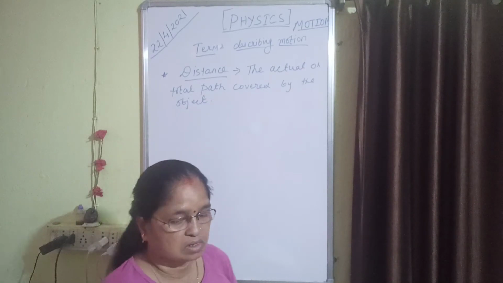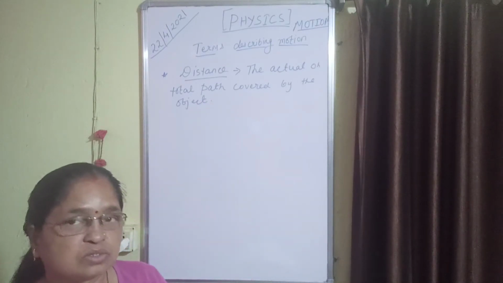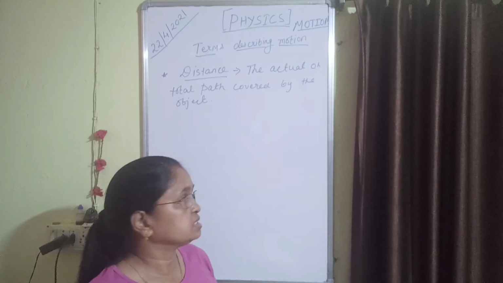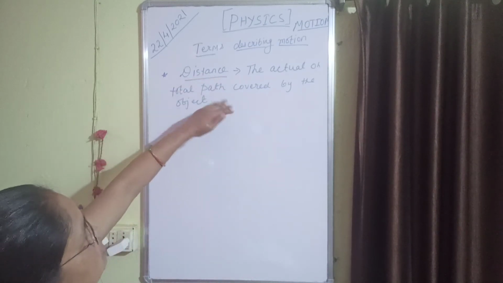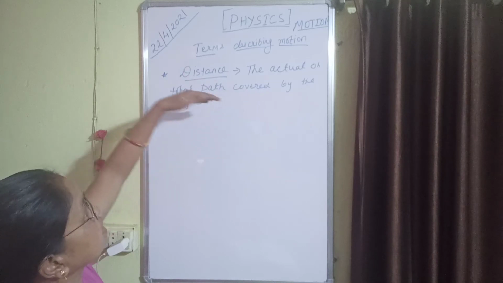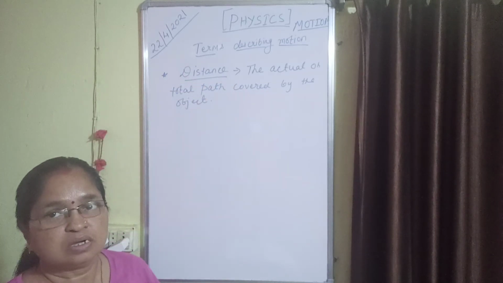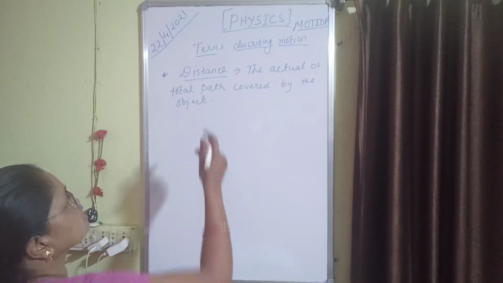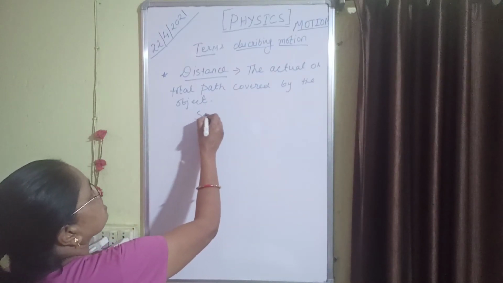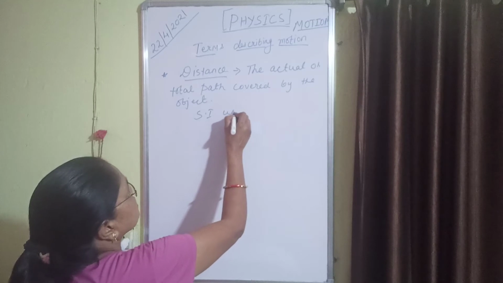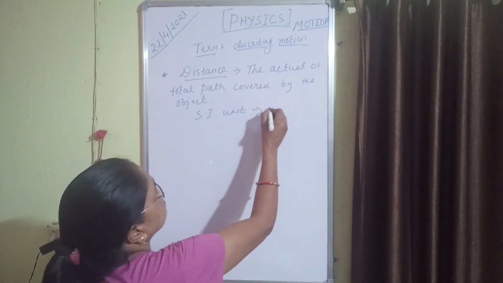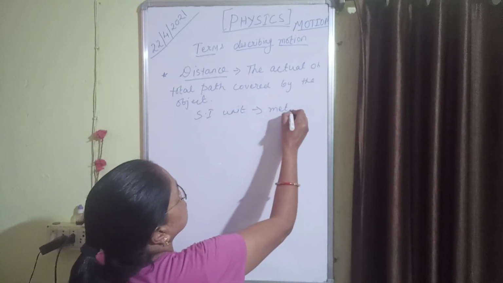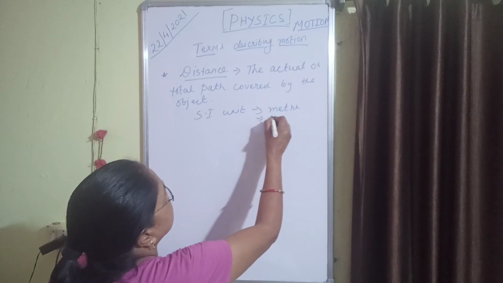Actual path or total path covered by the object. So, or you can say actual length covered by the object. So, actual length covered by the object, so its SI unit is measured in meter, which we are writing only.